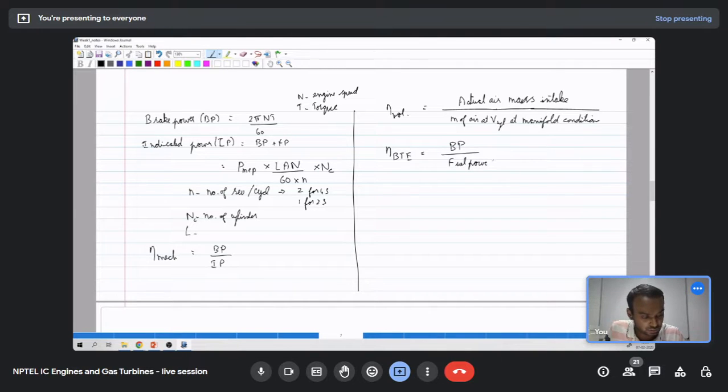So here fuel power is obtained by mass of fuel into calorific value of fuel. Similarly, we have indicated thermal efficiency, which is indicated power by fuel power. So here again it's m_f into CV.